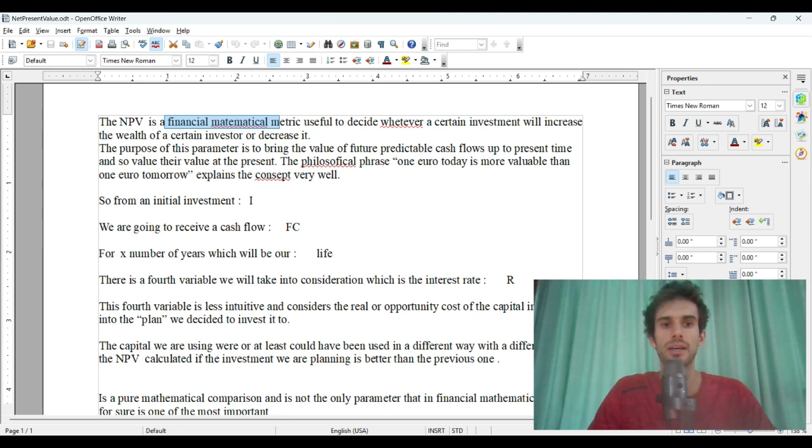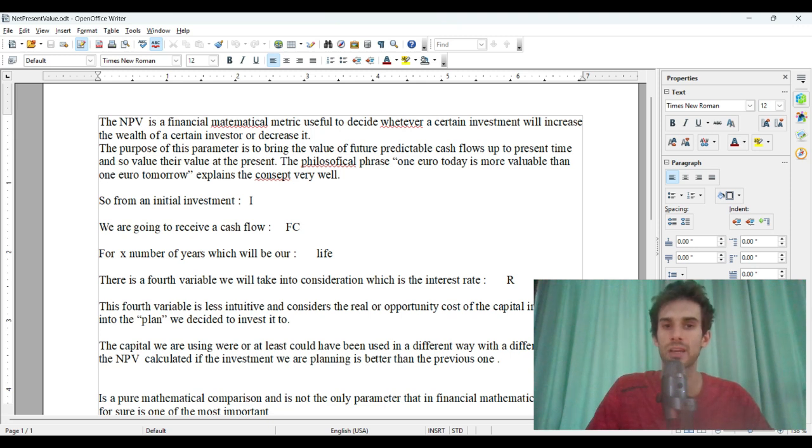It can be positive, negative, or equal to zero. If it's positive, the investor will return richer than before. If it's negative, the investor will become poorer, and so basically you will not do the investment, assuming that the only parameter you look at is the net present value.